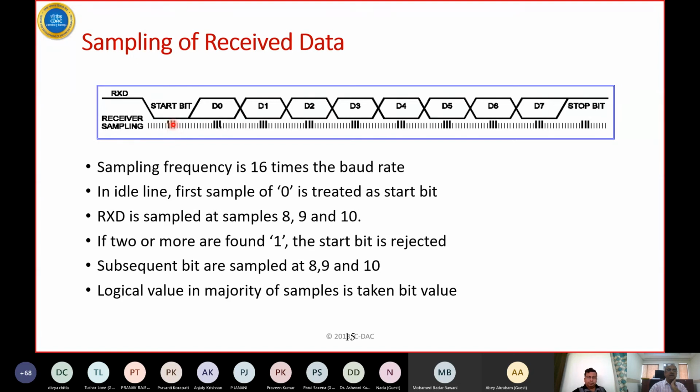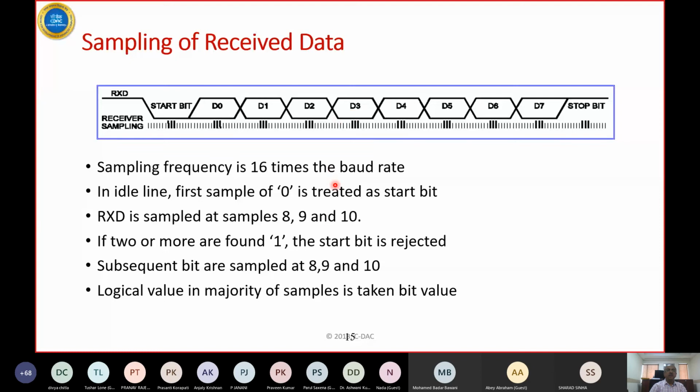And then after that it will wait for 1 bit period, which will bring it to the center of bit number D0, the LSB, like this. The bold lines that you see here are sample number 8, 9 and 10. Ideally, all of them should be 0 or 1. But if there is noise, 2 of them will be 0 and 1 will be 1, or vice versa.